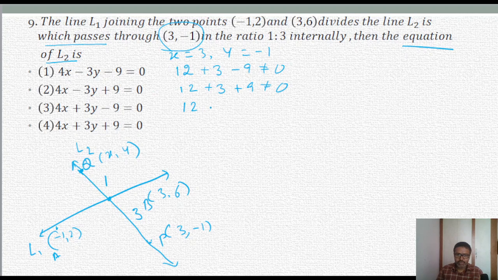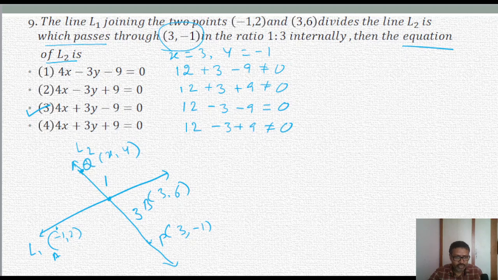Plus 3 into minus 1, your value is minus 3, minus 9. Yes, it is satisfying your condition, the point is satisfying the line. And the last one, it is 12 minus 3 plus 9, that is also not equal to 0. So this clearly says our answer is option 3.